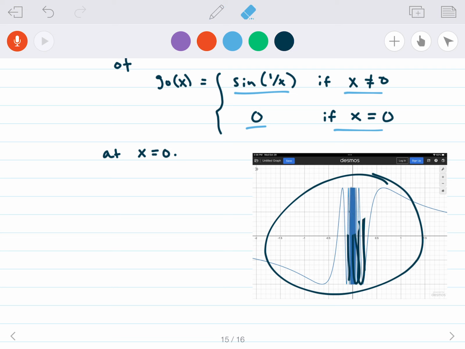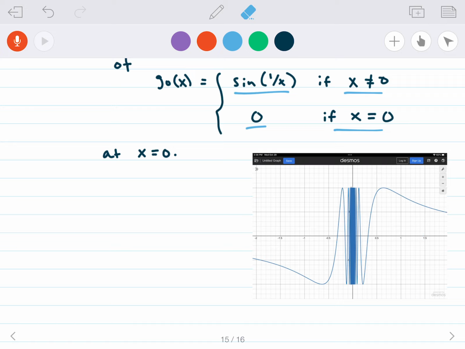But the weird thing is that this isn't even continuous at 0. Geometrically or topologically, it oscillates so much around 0 that it can't be continuous. The neighborhood condition is going to fail quickly with this kind of oscillation around the origin.